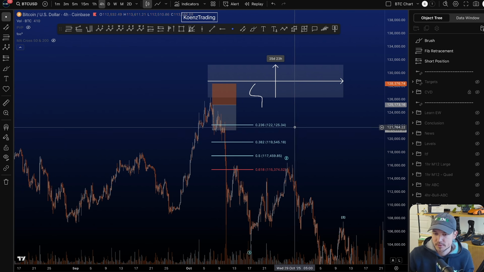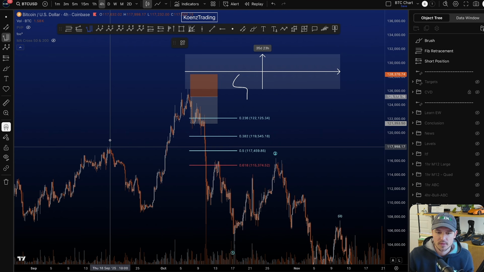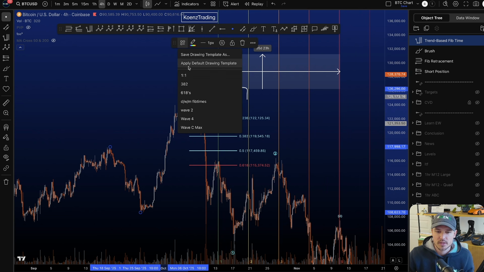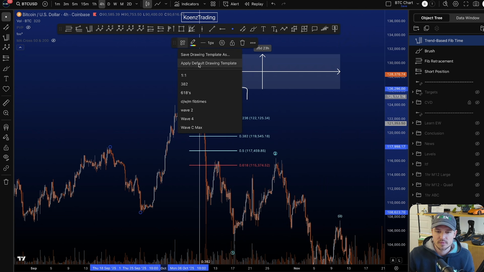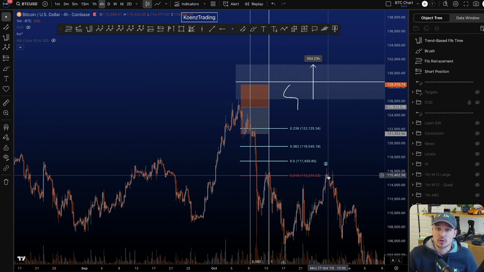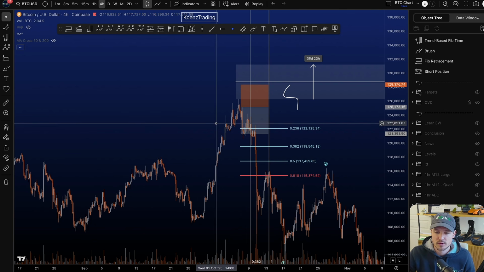From a time perspective, so now we go into time. Wave 4 is more important because generally a wave 4 is similar in size or longer in time compared to wave 2.